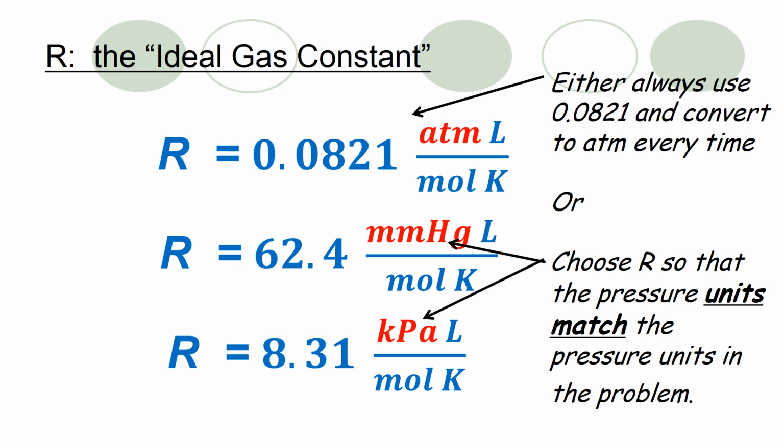The first one, which is the most commonly used one in our field of chemistry, with the sets of units that we use, is 0.0821, because the units are atmospheres times liters divided by moles times Kelvin. This is most common for us. But if we have other units like millimeters of mercury or kilopascals, then we can use these other values for the ideal gas constant, and that way all of the units will cancel.